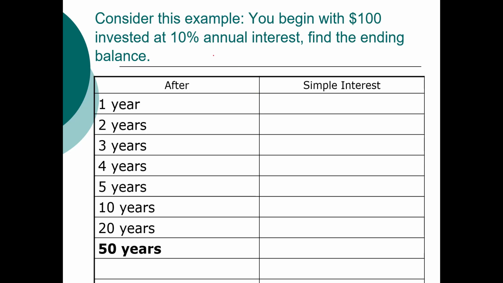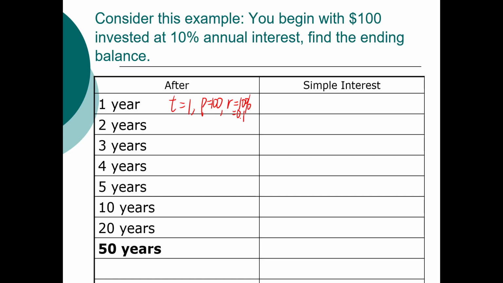Now let's take a look at this simple example to understand how simple interest works. Consider this example: you begin with $100, invest at 10% annual interest, and find the ending balance. After 1 year, meaning T equals 1, the principal amount is $100 and the interest rate is 10%, that's 0.1.